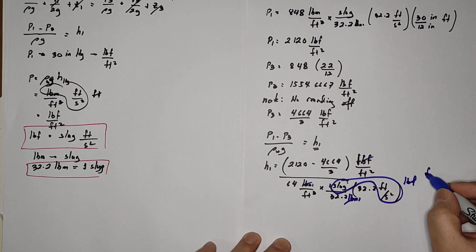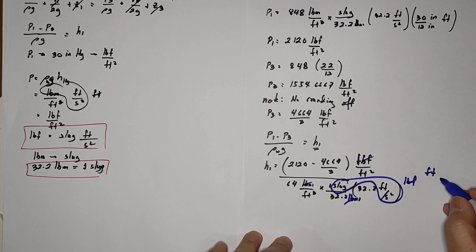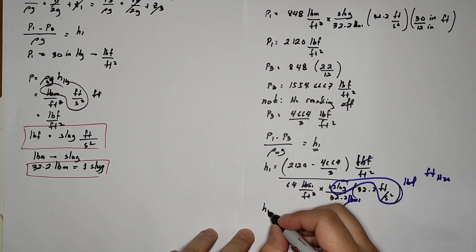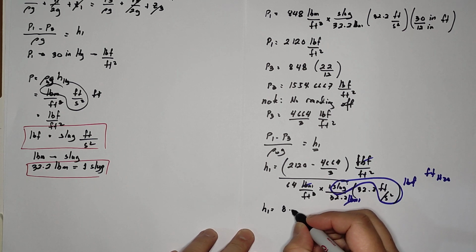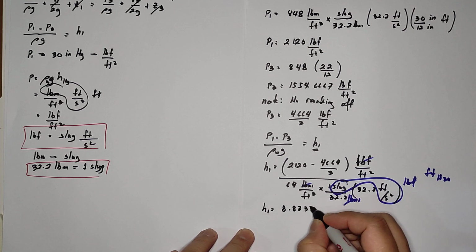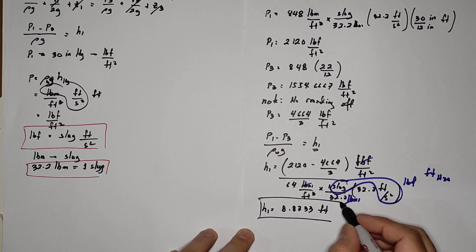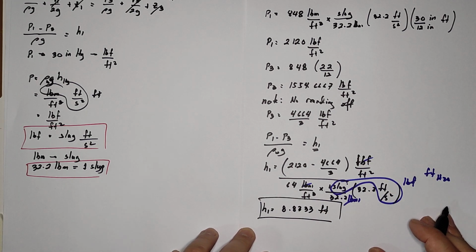What remains is feet of H2O, or the swell. Now the swell H3 is 8.8333 feet. And that's the answer for letter A.